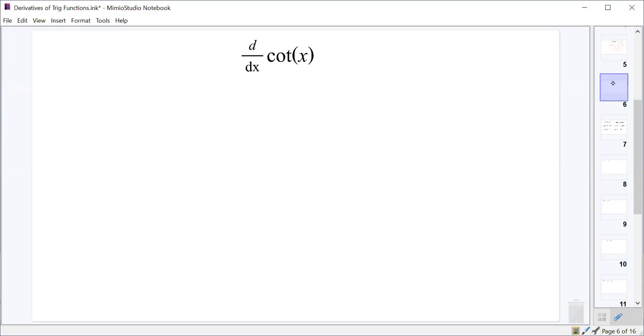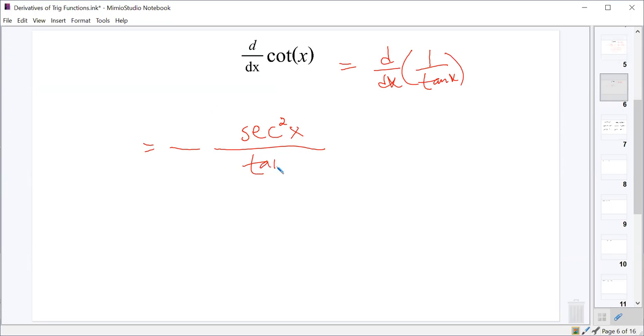And last one, 2 good ways to do this one. What's one of the ways? And we'll just do one since we're running a little short on time here. You could do 1 over tangent. Sure, that works. The other option would be cosine over sine, right? We can do 1 over tangent x. They come out the same. So this ought to be negative. What's the derivative of tangent? Ought to be secant squared, right?